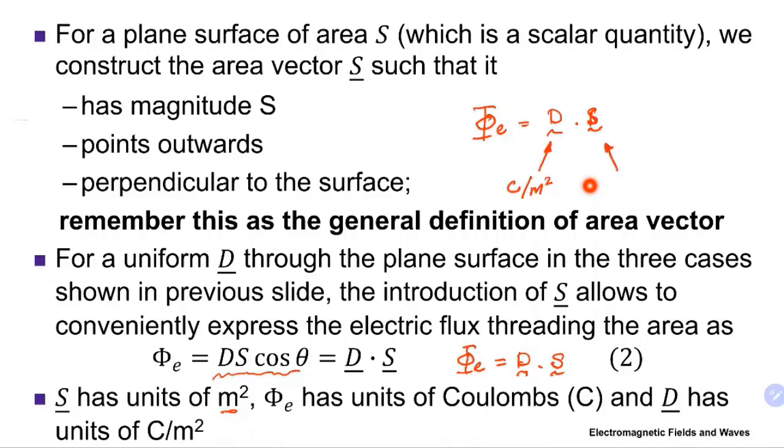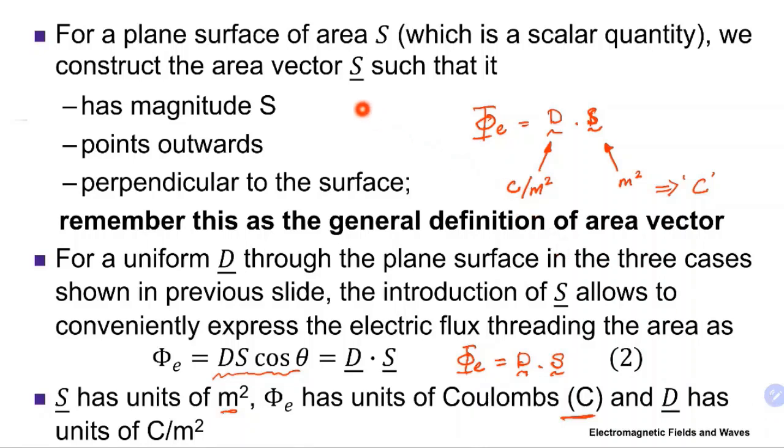And just now we know that this is area, this is meter squared. So this gives us coulombs. So what has a unit of coulombs? Charge. Okay, so that tells you that this equation somehow still has to be equal to charge, right? Because it has a unit of coulombs. Our electric flux has a unit of coulombs, and we know that charge has a unit of coulombs.